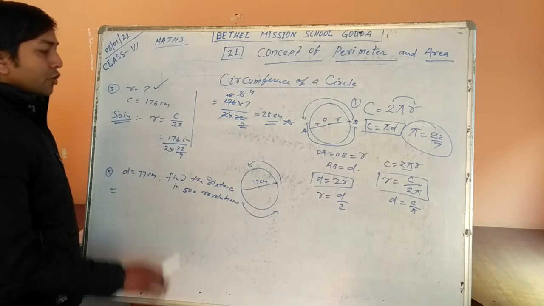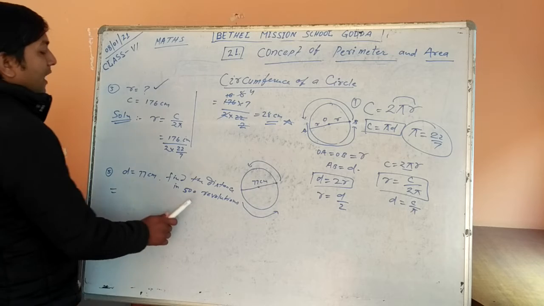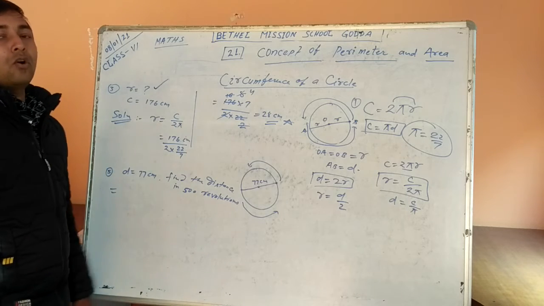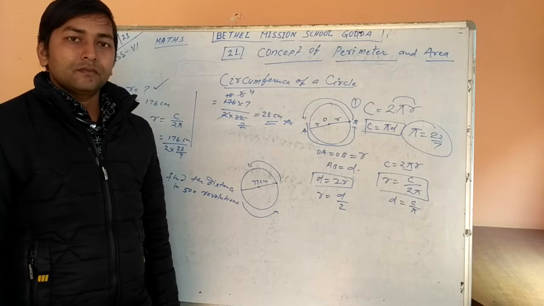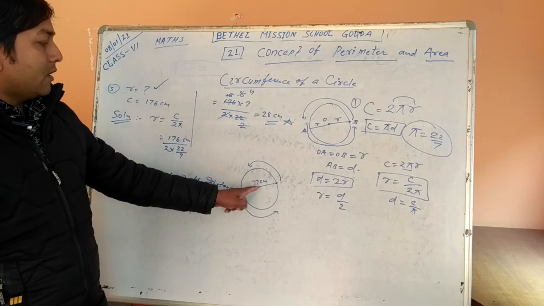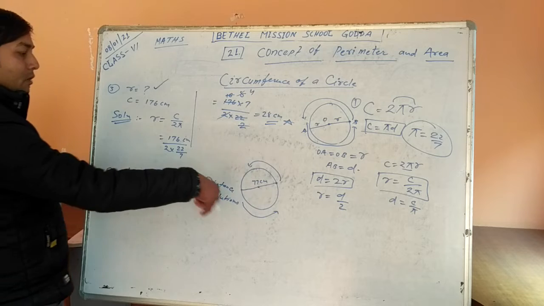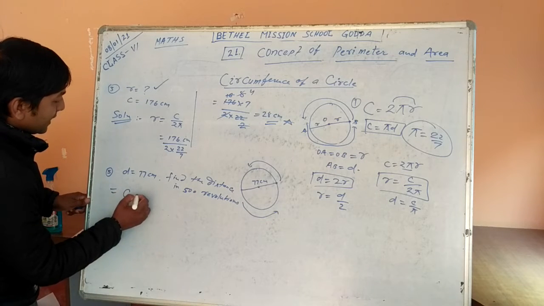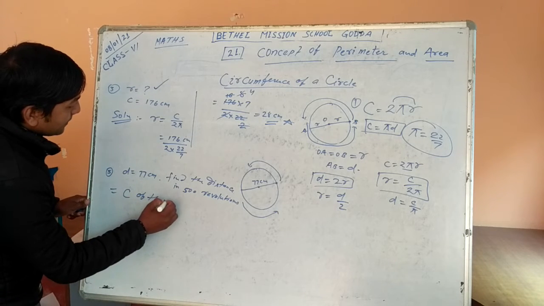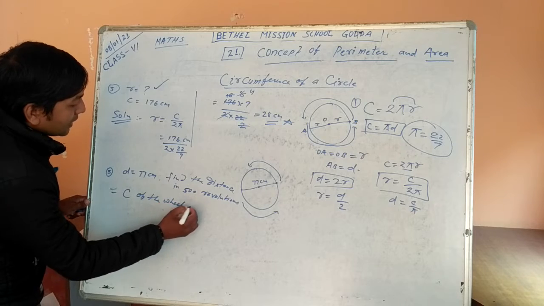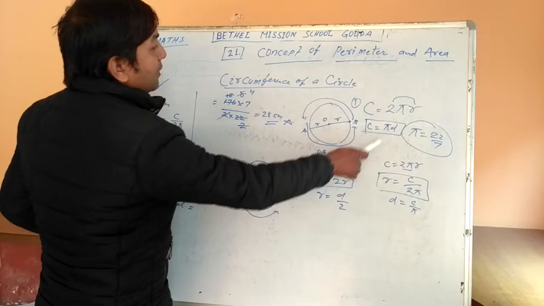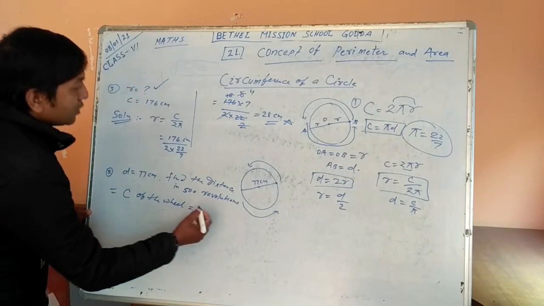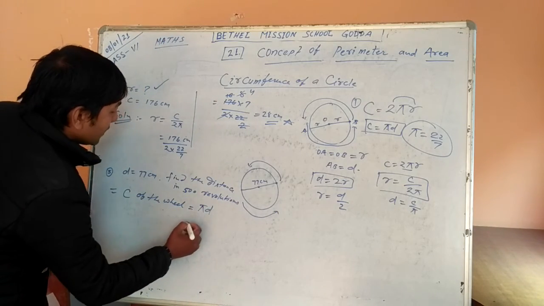Okay, so you have to find here in 500 revolution how much distance will be covered. Okay, so find the circumference of the wheel. Diameter is given, so we will put this formula: circumference equal to pi into d.